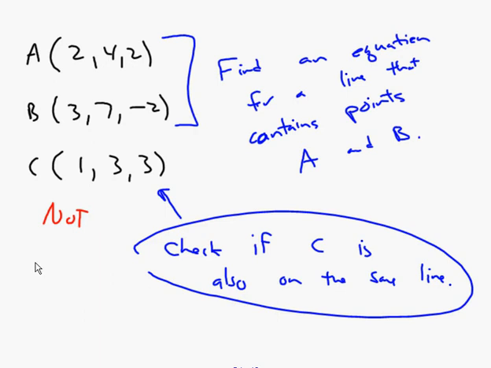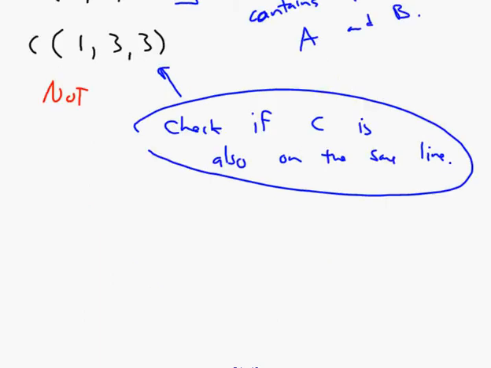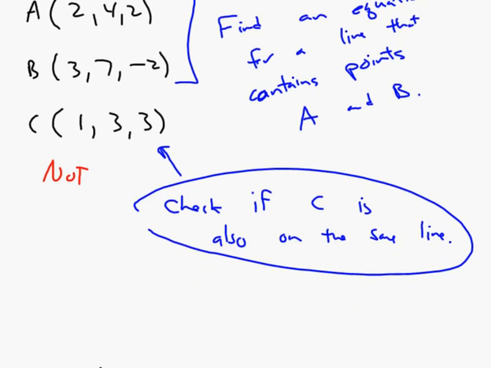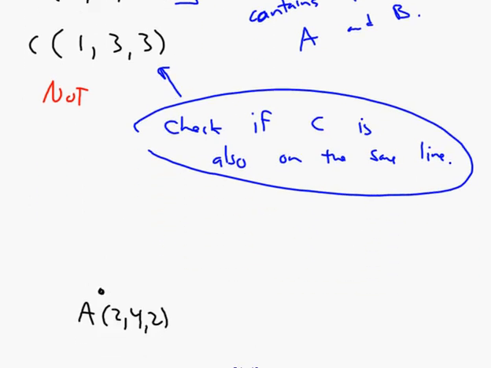Okay? So I am not going to attempt to make this picture perfect. What I am going to say is this. Just pretend for a minute. Here's point A floating in space somewhere. The point 2, 4, 2. And somewhere else in space is the point B, which is 3, 7, -2.